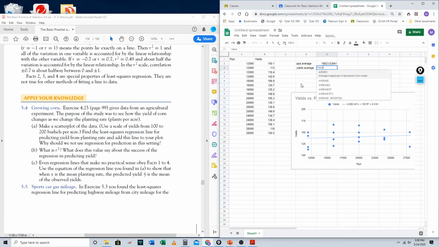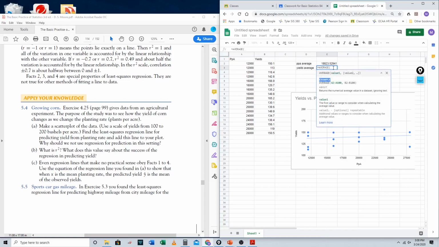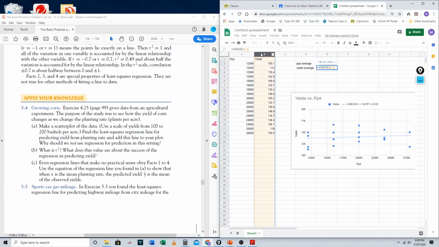Equals average of this column. So what this is saying is if I plug in 18823.53, all right, I take this equation, which is really hard to read. So let's write this equation down. I'll put it over here.